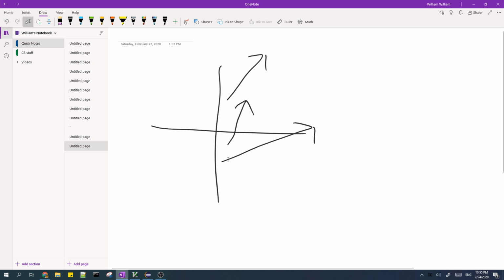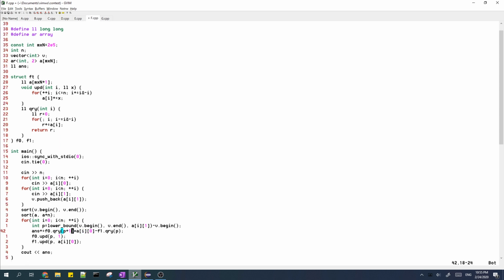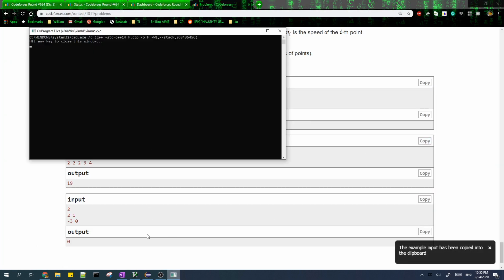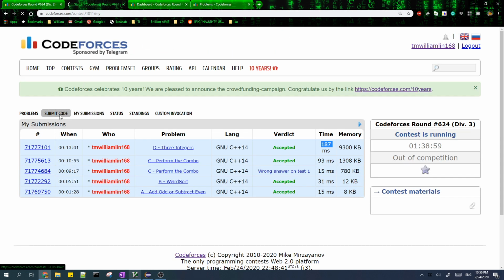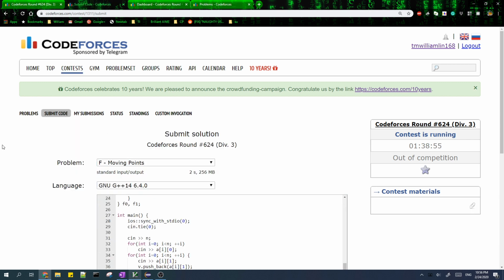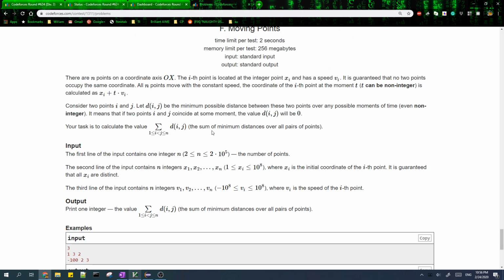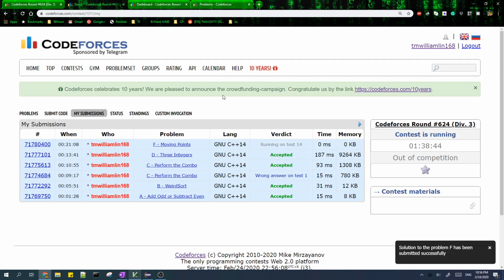On smaller slope with smaller coordinate. Probably forgot the same slopes. So if the slope is the same, then it should still be counted. Okay, good. Should be good.